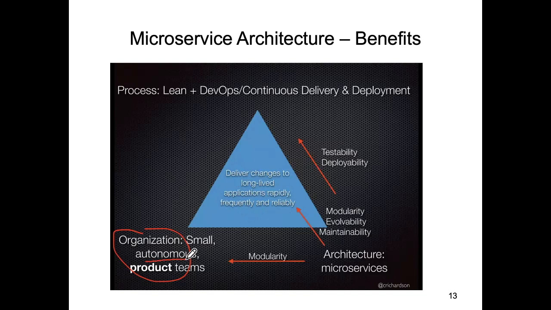And that autonomy meant that they could move their service on and upgrade it without being too concerned about the other services and the other teams. Again, that wasn't the case with the monolithic architecture. So you get these small teams now being responsible for a product or a service.